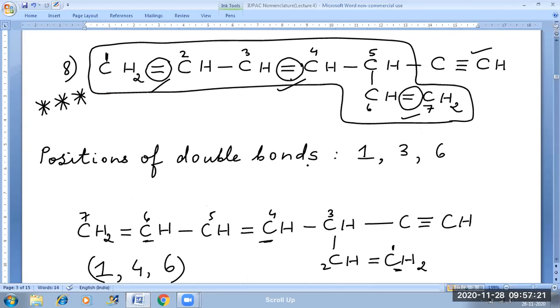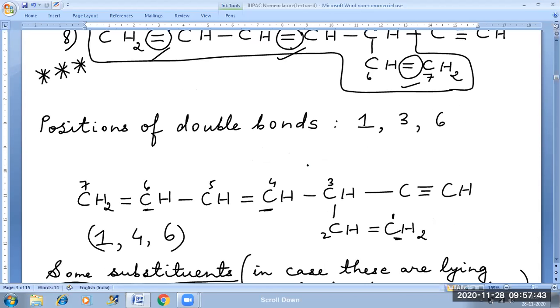So what you do right now, you write down this example properly in your notebook. Explain both the ways of numbering and write down the positions of double bonds. I'm waiting. Please finish it right now. I'm giving 2 minutes. Show both the ways of numbering and write down the positions of double bonds. Write like this.